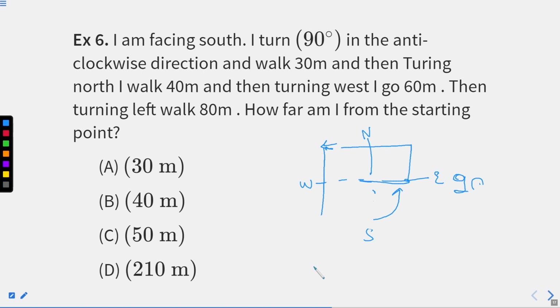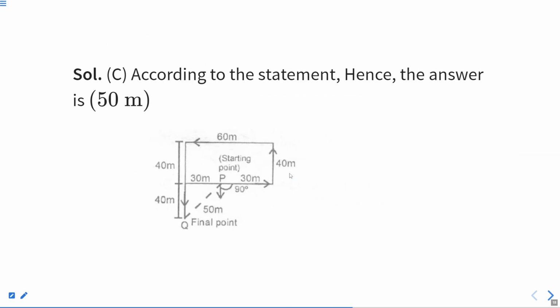So how far you are from the starting point is something you have to figure out. For that you can see the diagram here itself. In the diagram you can see that initially you are at point P, and you are facing towards south.